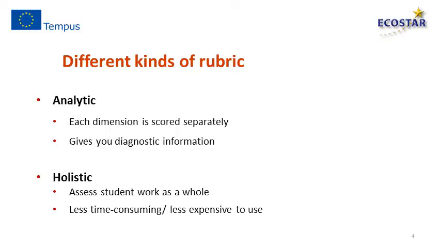In other words, in what skills is the student doing better, and in what skills is the student not doing so well. A holistic rubric also has dimensions, but the feedback you give is on the student work as a whole. So there's no information provided on specific skills.